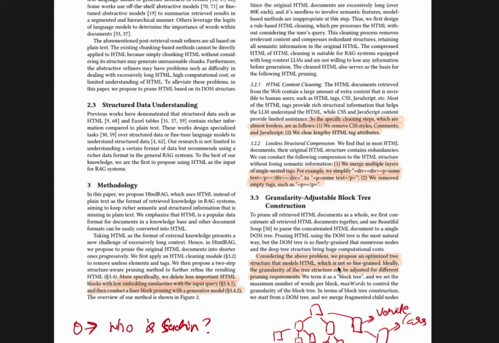So you can say the vehicle and cars one is completely irrelevant, but how are you going to calculate? They are saying they are going to use the low embedding similarities with the input queries. Let's say this is very less, this has a very less importance, right? So this whole block itself will get deleted.